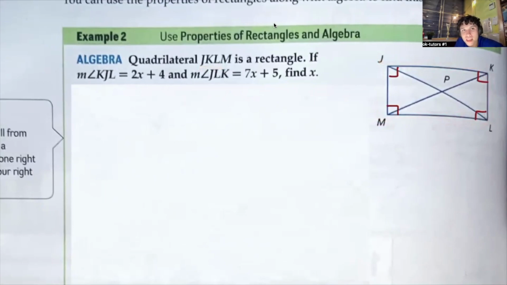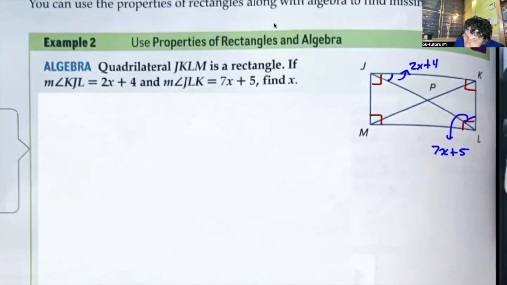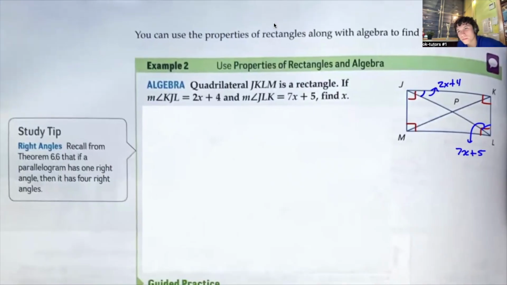If angle KJL, this angle right here, measures 2x plus 4, and angle JLK, this angle right here, measures 7x plus 5, what can I do to find the value of x?